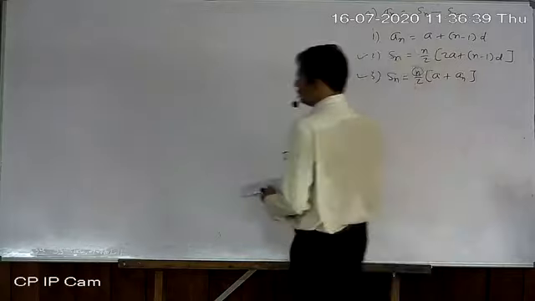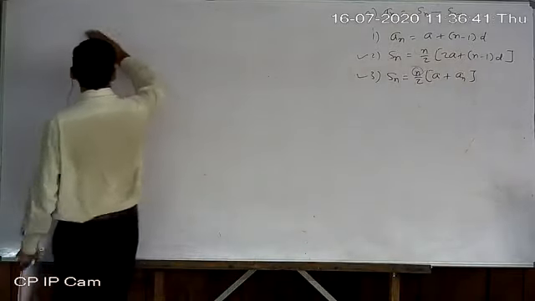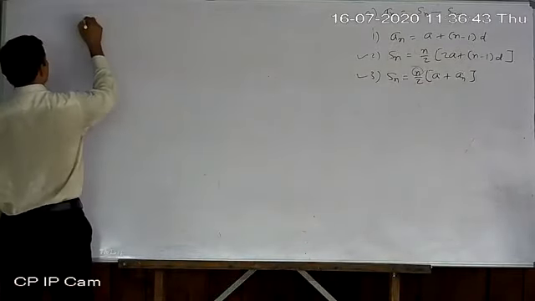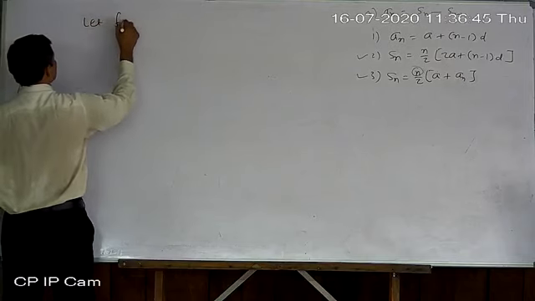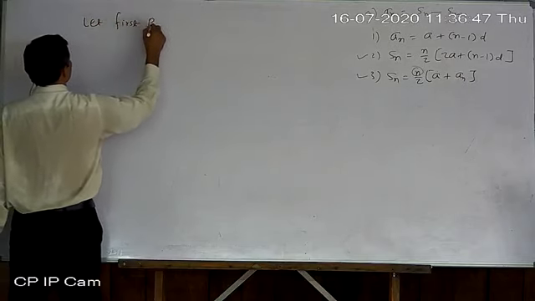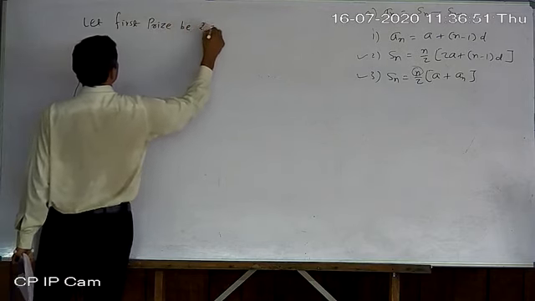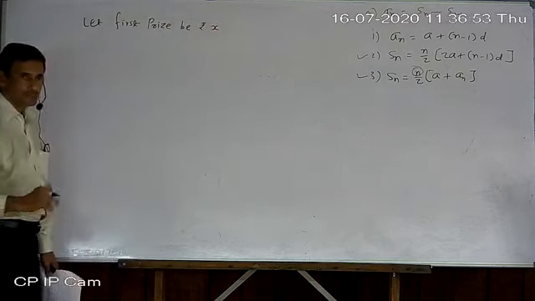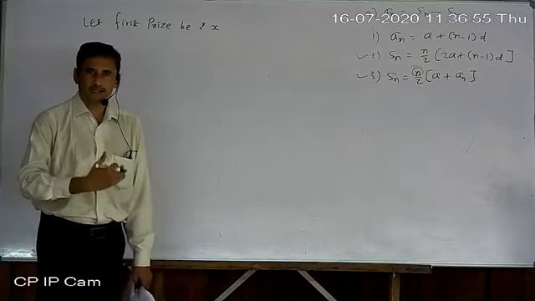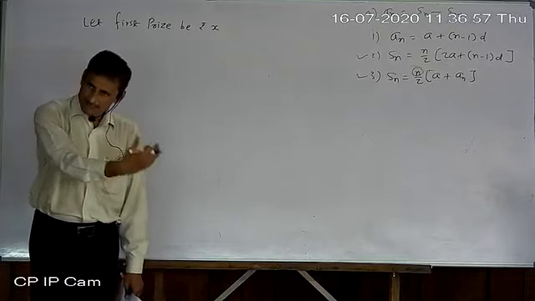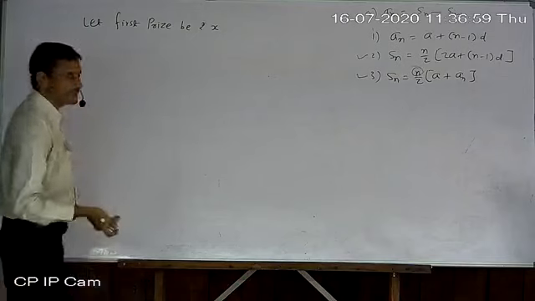So can we suppose the first prize to be X? Okay, let the first prize be X. Obviously, the second prize will be X minus 20, the third will be X minus 40.